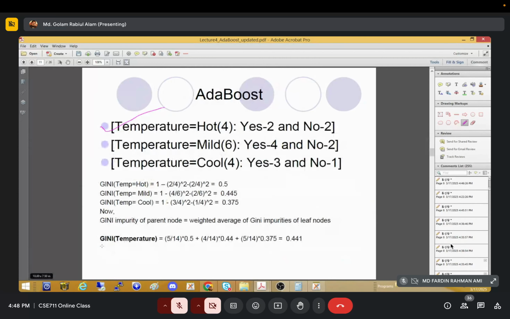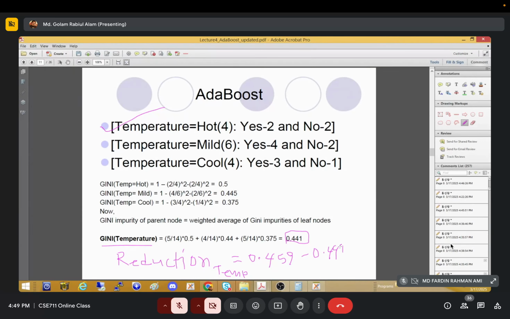If we consider the temperature, you will get the same thing. For the temperature, the induced Gini you will get is 0.441. The reduction by temperature will be 0.459 minus 0.441.